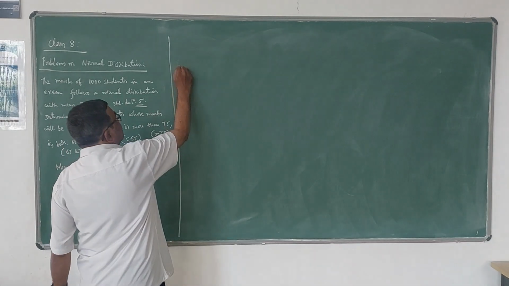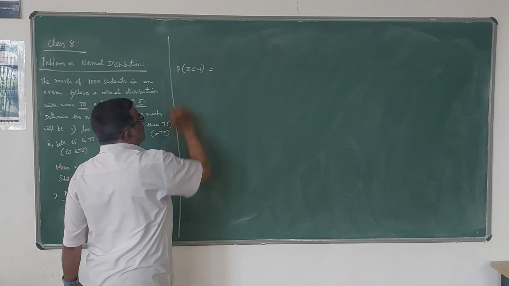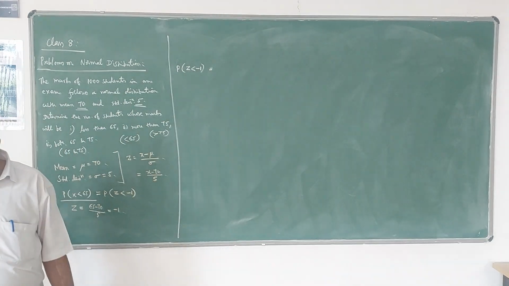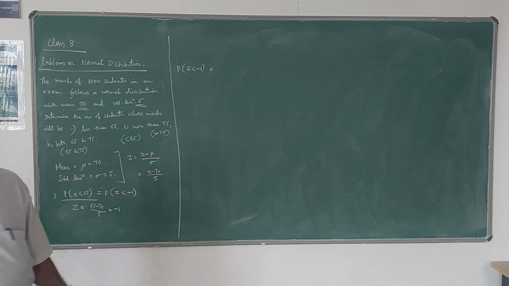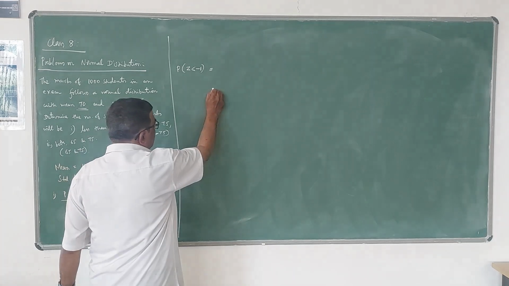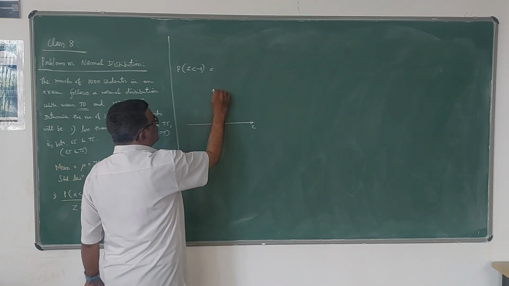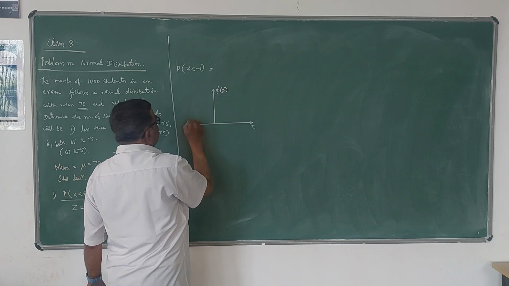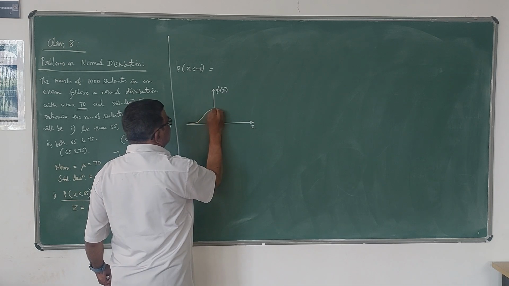So now we are finding P of z less than minus 1. What is the meaning of that? From the curve, if you want to understand, this is the standard normal distribution curve.